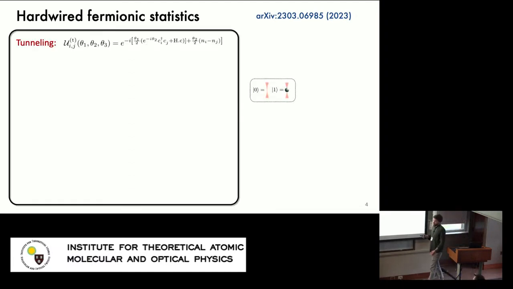As I said, we want to encode fermionic information in fermionic atoms. So think about tweezers, a bunch of them, let's say L of them, and you have smaller l fermionic atoms that you store in those tweezers. And I encode the fermionic qubit in the presence or absence of a single particle in each tweezer. Okay, so that encodes my fermionic register, if you want.